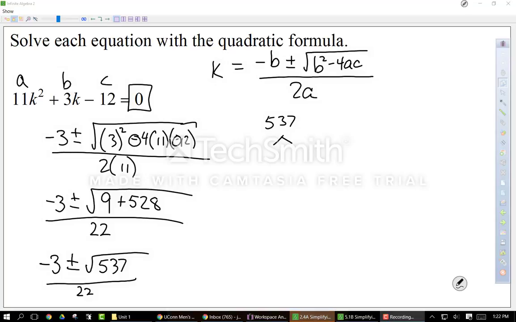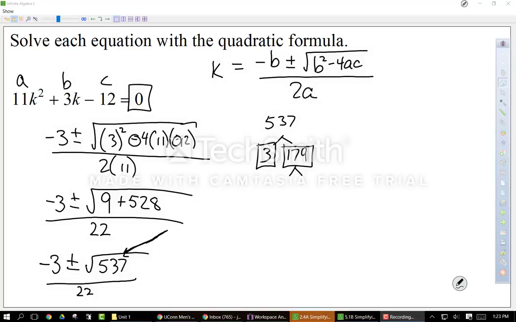What can I divide it by? 3. So 537 divided by 3 is 179. Can I break down 179 at all? Well, let's see. I can't break down 179 because 179 is also prime. So I have two prime numbers. That means, because I have no pairs, the 537 is going to stay inside.